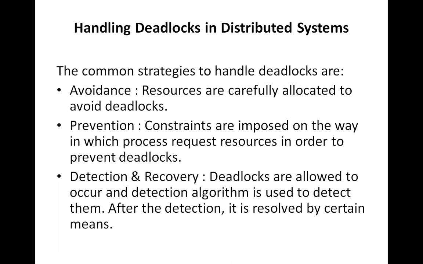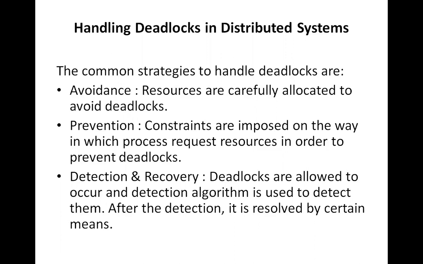Deadlocks in a distributed system can be distinguished into two kinds: the resource deadlock and the communication deadlock. A resource deadlock occurs when two or more processes are waiting permanently for resources which are held by other processes.